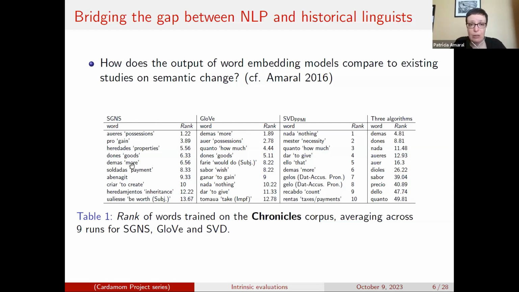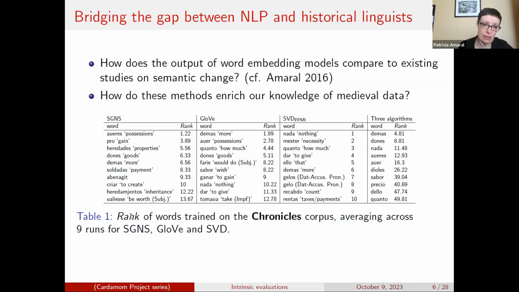Our goal here really was to see what type of information we obtain as output of word embedding models, and how these neighbors inform us about the meaning that this word had in the medieval data. Relatedly, we were interested in knowing how these methods enrich our knowledge of medieval data.